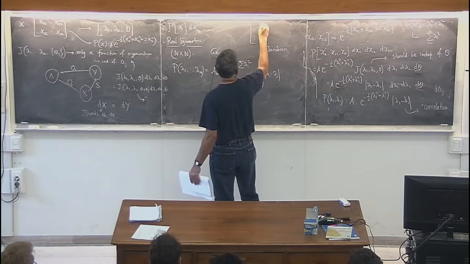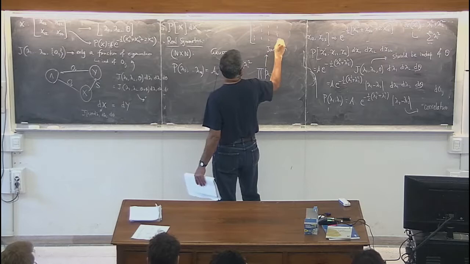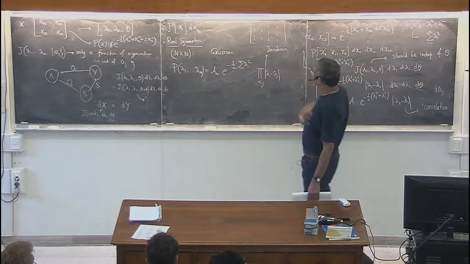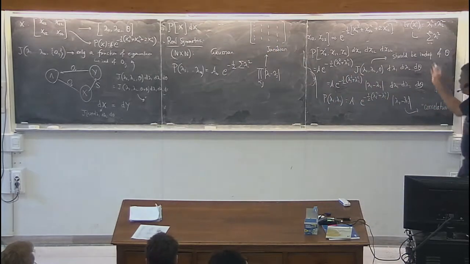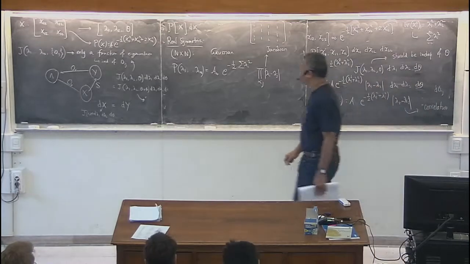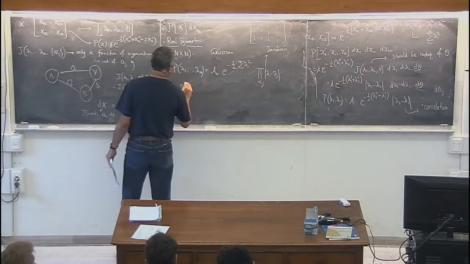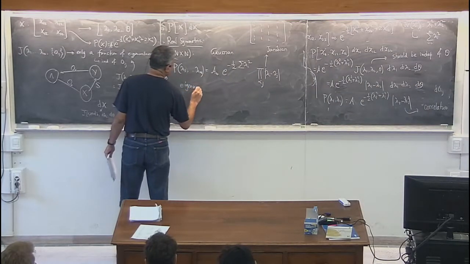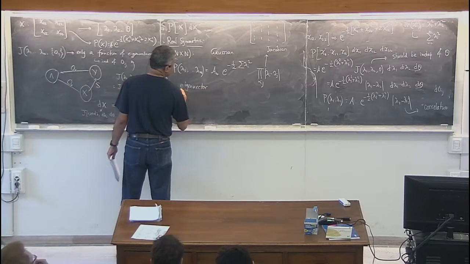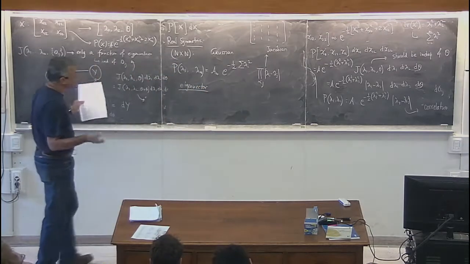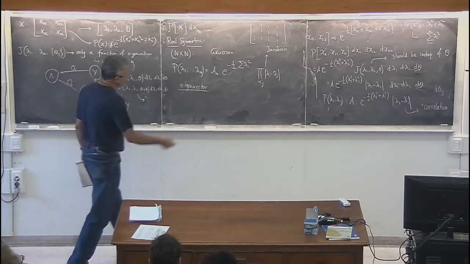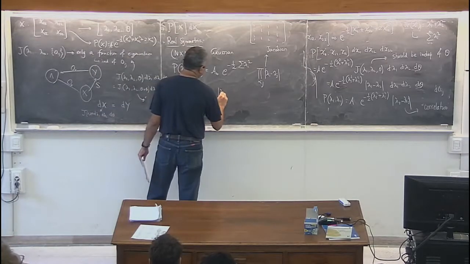So eigenvalues and eigenvectors don't talk to each other. If I take any particular eigenvector, it's a column vector with, let's say, entries like this. It does not depend on the eigenvalue.